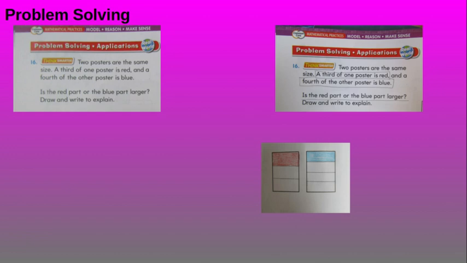Go ahead and take a moment to fill that in on yours as well. Make sure you're following the cube steps on your word problem. Make sure 1/3 is red and 1/4 is blue.